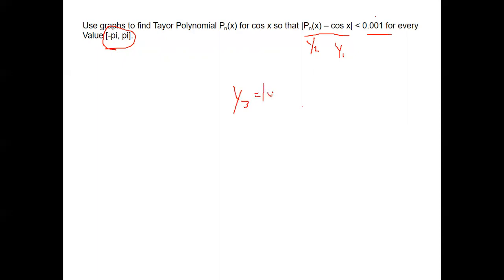What I would suggest is you can make a third graph, turn off the first and second graphs, and make a third graph that's just graphing the absolute value of the difference between those two. And then systematically go into y sub 2 and keep adding additional terms. And you're waiting to see when this graph dips below a constant function or a value of 0.001. So it's a little bit of trial and error until you get that to work out.